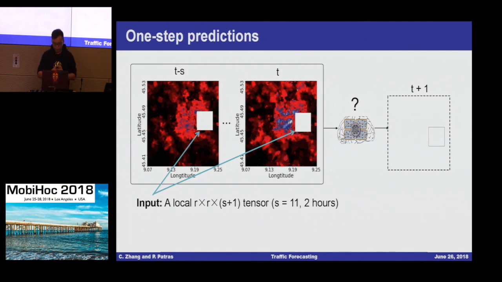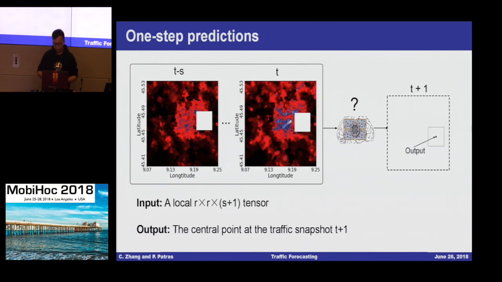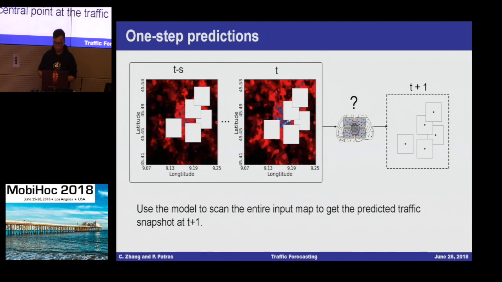So we have this box for area observation, and here we select it as 11, which corresponds to 2 hours, and the output here is the central point of this small box, at t+1. So we do the same thing for every location in the input, so as to get the prediction for every point at t+1 and reconstruct the prediction for the entire snapshot.